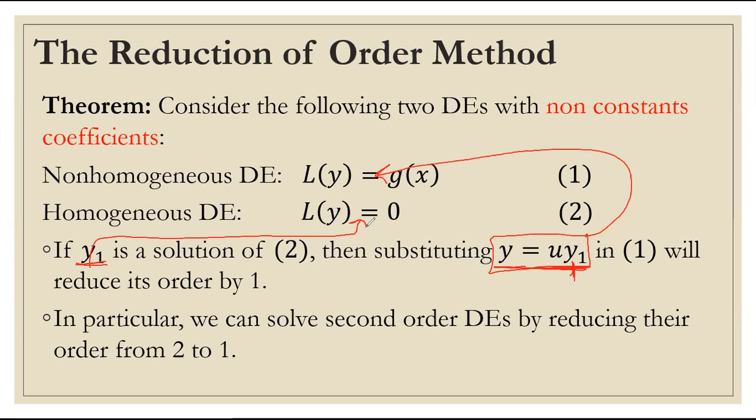First, if I have a homogeneous equation with non-constant coefficients, but I have the first solution, I'm going to use the rule of y2. And also, if my differential equation is non-homogeneous, like equation number 1, and the coefficients aren't constant, I can use the reduction of order, but I need one particular solution for the corresponding homogeneous equation. Is it clear?